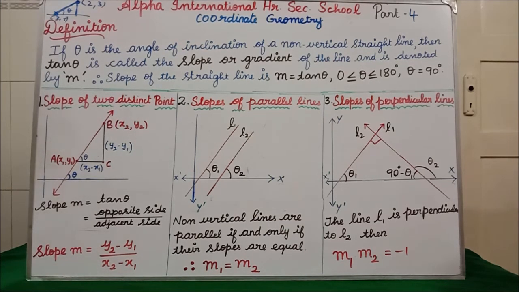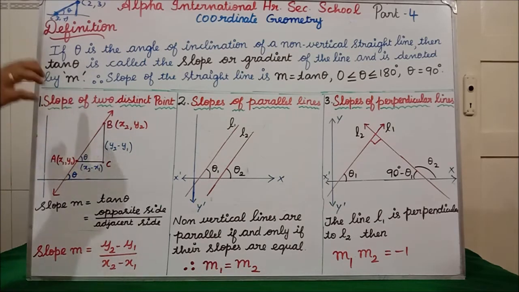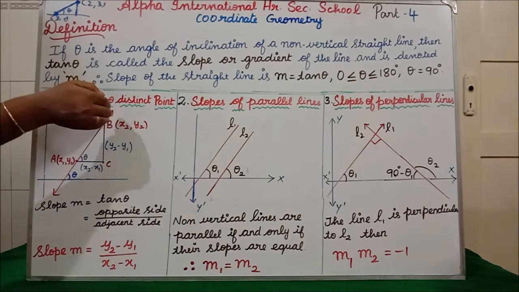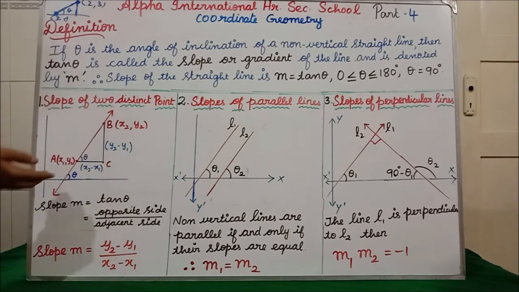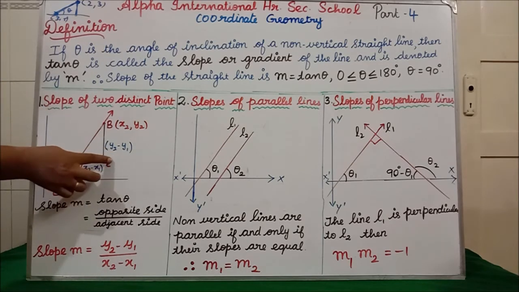Clear all of you? Slope m means change in y coordinates divided by change in x coordinates. Change means difference, that is subtraction. So in the y coordinates it is y2 minus y1, and similarly in the x coordinates the difference is x2 minus x1. Like that we have got this.